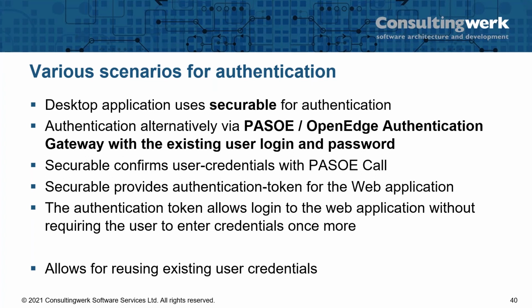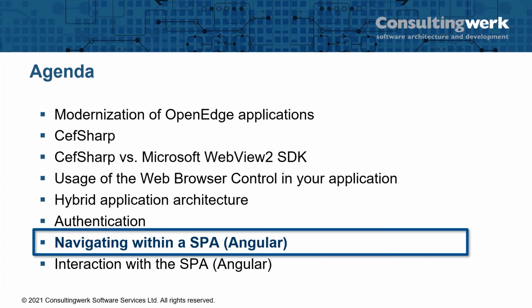And then Securable still provides us the authentication token, and again, that's something we can inject into the web application so that the user doesn't need to log in there anymore. So there are these methods and tools like Securable help there. An alternative to Securable could be Keycloak, which is a completely open source product that we have experimented with too. But generally, one of these authentication products helps to solve these things.